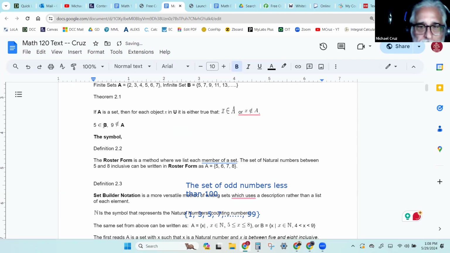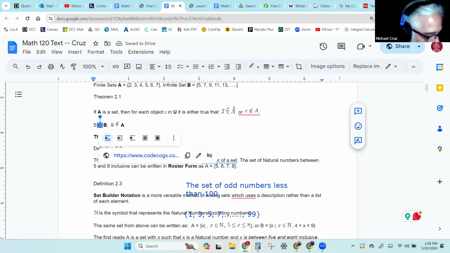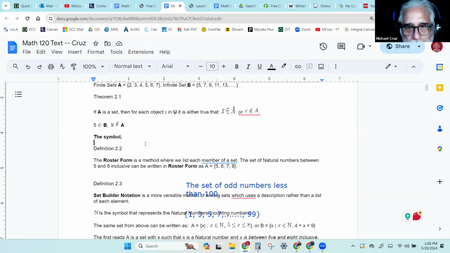I thought I had that written somewhere, but I'm going to write it out to make it clear. Where it reads, okay, so that little symbol right there, that little pitchfork thing, is just a shorthand way to say is an element.